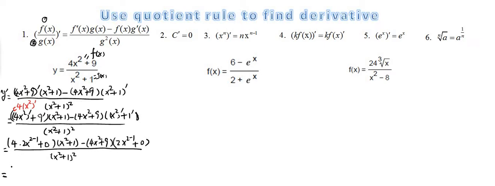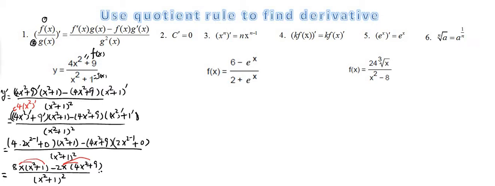So 4 times 2 is 8x, and here is 2x, times 4x squared plus 9, over x squared plus 1 squared. Now we can use distribution: 8x times x squared, 8x times 1, negative 2x times 4x squared, negative 2x times 9.